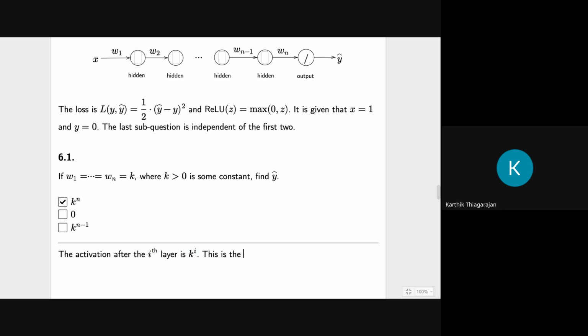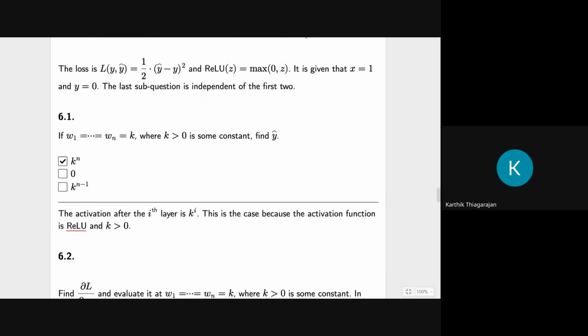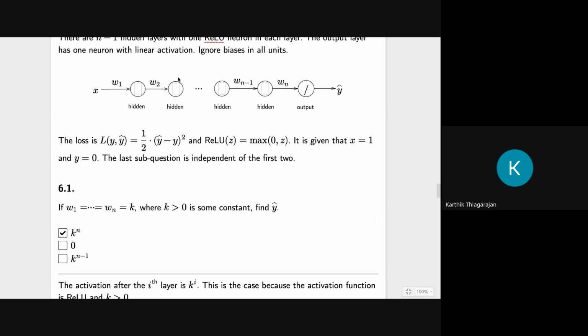This is the case because the activation function is ReLU and k is greater than 0. Both of them contribute. That's the reason it is k power n. I hope there are no other questions here.